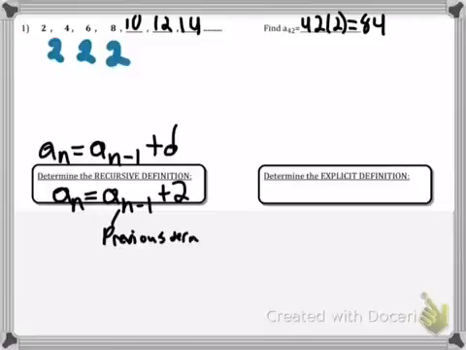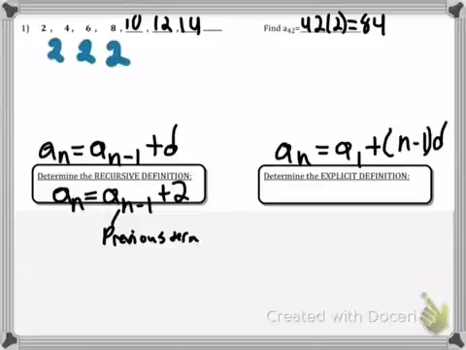Alright, right here, looking at this one, to determine the explicit formula here, we're going to look right here. You see our formula for explicit form is a sub n equals a1 plus n minus 1 times d.